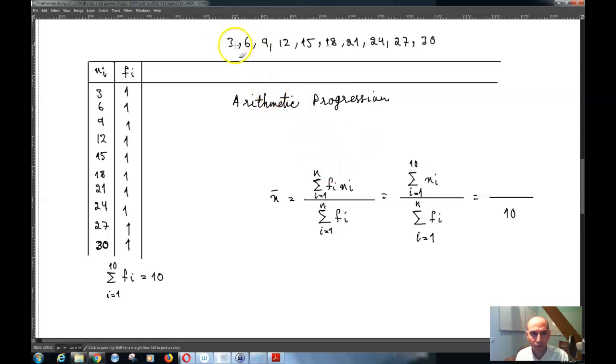basically your first term over here is called a. The common difference of the numbers is called d, which is basically, for example, 6 minus 3 is equal to 3, 9 minus 6 is equal to 3, 12 minus 9 is equal to 3. That is called the common difference.